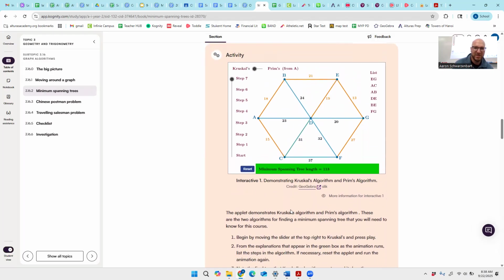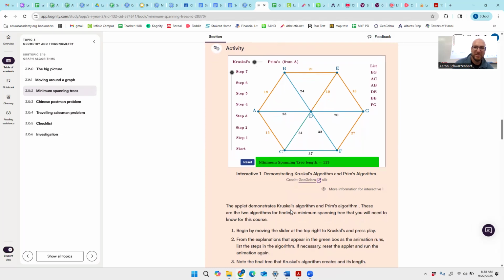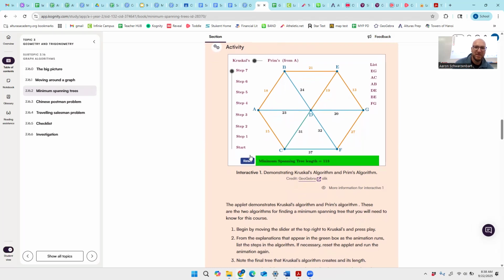Do you see kind of what they did? Let me reset and go again. So they take the shortest connection. Then they take the next shortest.